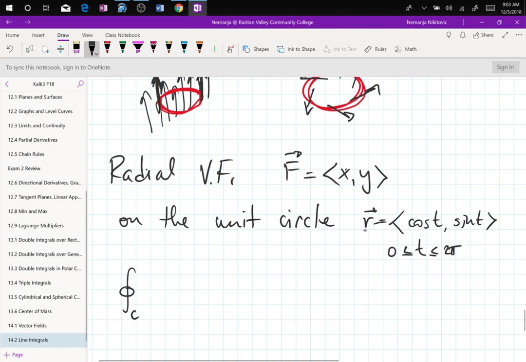Smooth means differentiable, no spikes, no sharp turns, like absolute value has that spike. So a smooth curve means differentiable everywhere, with tangent line derivatives everywhere, and it's closed.